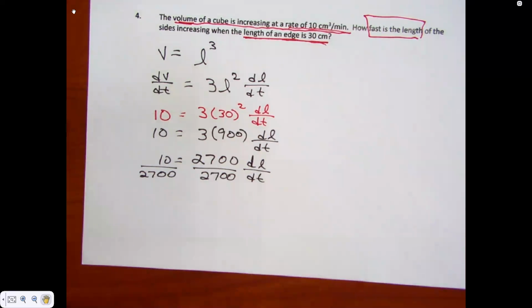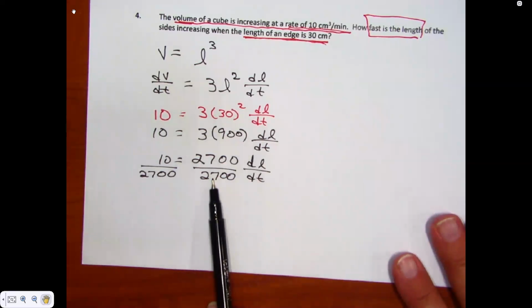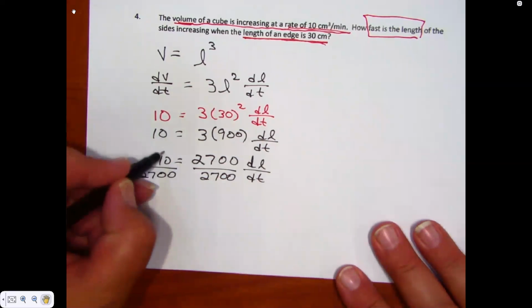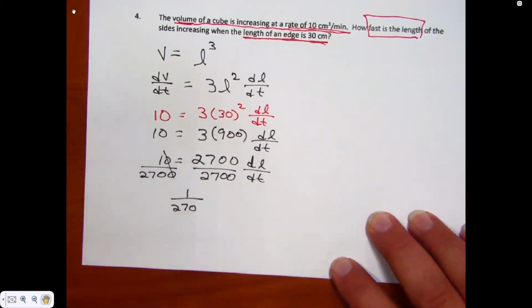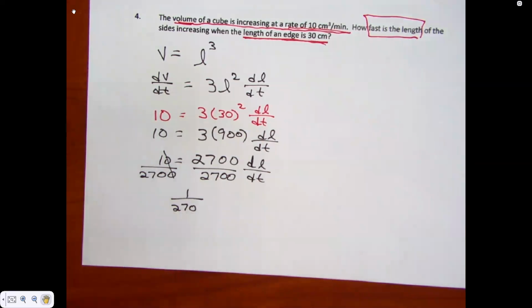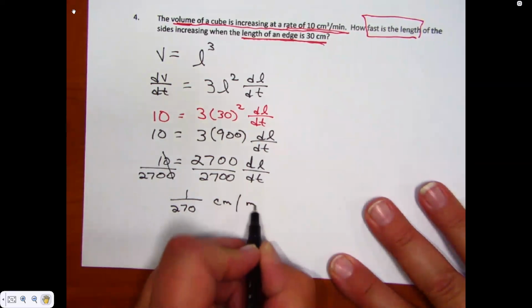And then when we divide that, just multiply that out. If you have a calculator, you could do this all together. You don't have to do two steps if you don't want. Absolutely, that's okay. That cancels to 1 over 270. This is just an edge, so this is just a length. So it would be centimeters per minute.